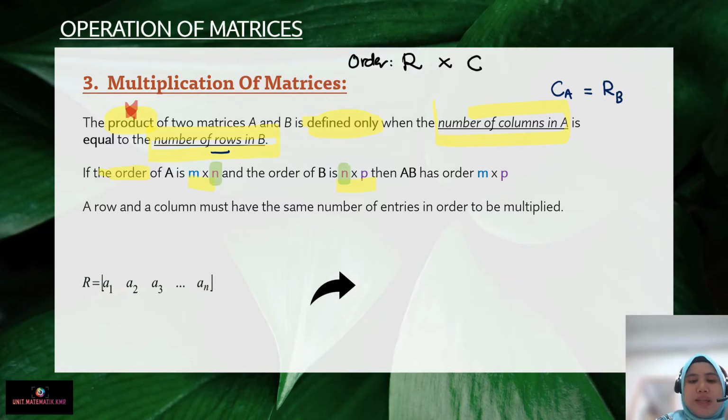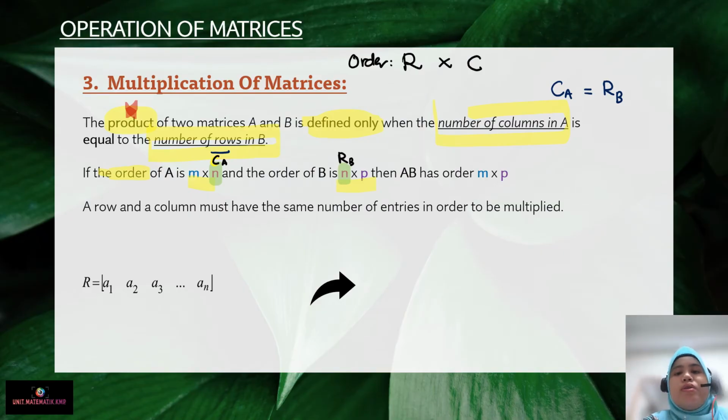That n is our column in A and our row in B. This is CA, this is RB: the columns of matrix A, our first matrix, and the rows of matrix B, our second matrix. It's the same.